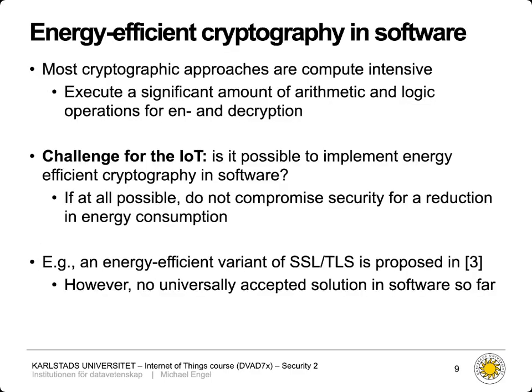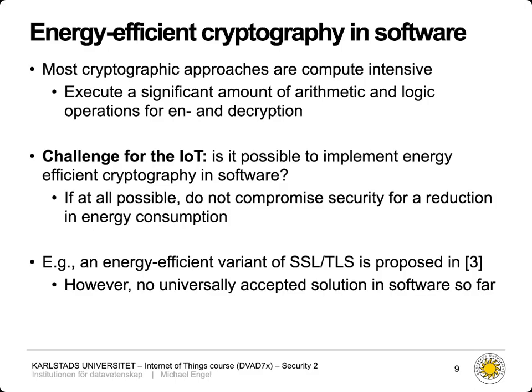So, as we've seen, most cryptography approaches are compute intensive because they have to execute a significant amount of arithmetic and logic operations for encrypting and decrypting messages. So our challenge for IoT devices is, can we actually implement energy efficient cryptography in software?